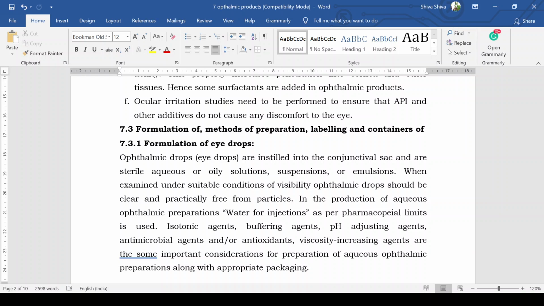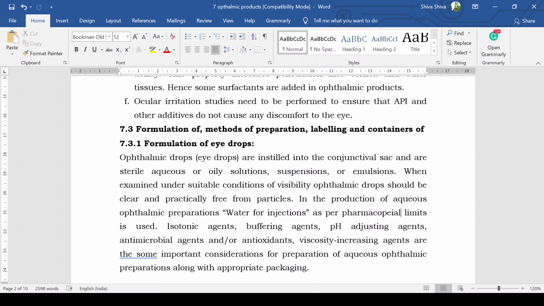For preparation of ophthalmic eye drops, water for injection is used as a vehicle, and that water should meet the pharmacopoeial limits. Isotonic agents, buffering agents, pH adjusting agents, antimicrobial agents, antioxidants and viscosity increasing agents are some important excipients added for the formulation of ophthalmic preparations, along with appropriate packaging.